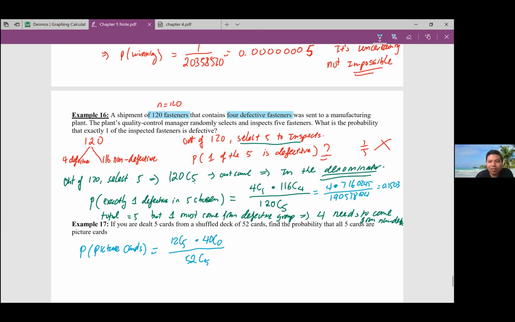Going once, going twice. Bingo. That's the correct answer, Grayson. Why is there a C0 on the 40? That was the only thing I got different. Because the total is 5, but all 5 cards must be picture cards, so there's no chance left for the number cards. That's why he chose 40C0.